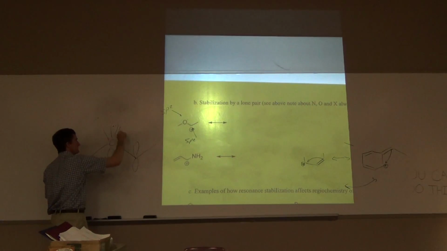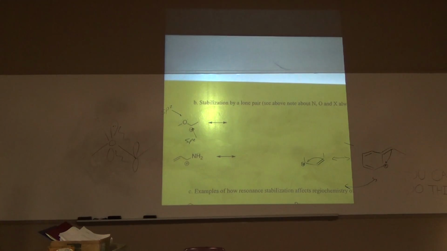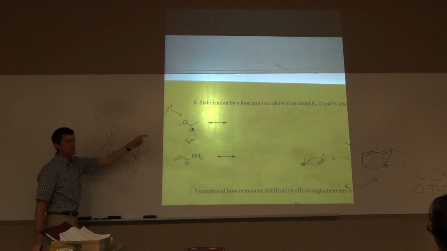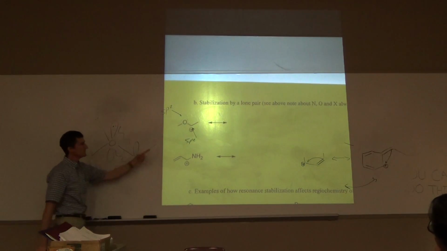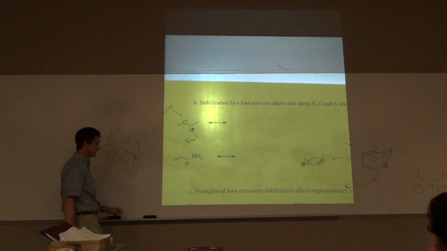Why? So we can get the p orbitals overlapping. See, there's pi bonding going on here between the lone pair and the empty p orbital. You see it? You have to just see it.